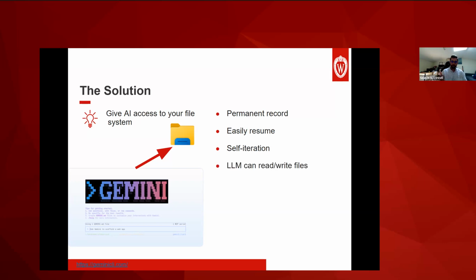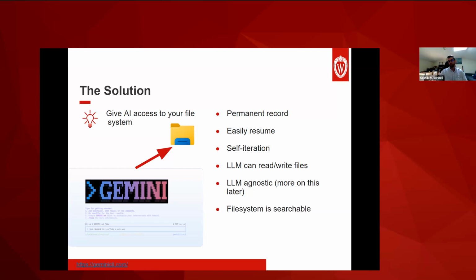When you give it access to your file system, it can read and write files, which is super handy. It's LLM agnostic, meaning that you can use Claude Code, GitHub CLI, Gemini, you can use Codex. All of these will work, and they work in the same way because we're using the file system, and all of them interact in the same sort of way.